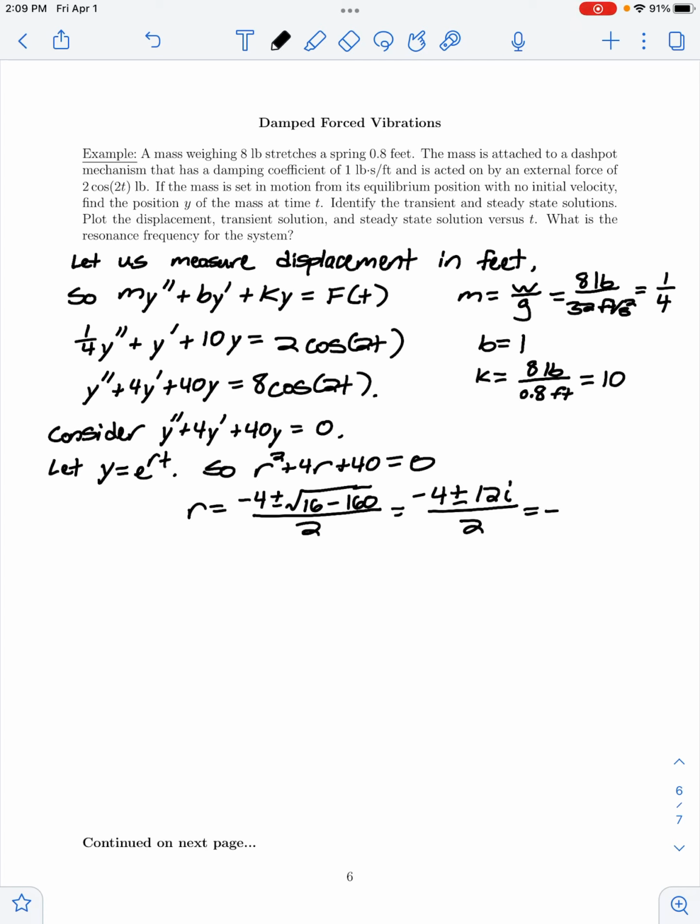So dividing through by 2, we have roots of -2 plus or minus 6i, complex conjugate roots, which means that our homogeneous solution, or what we call the transient solution for a mass spring system, is given by C1 e to the -2t cosine of 6t plus C2 e to the -2t sine of 6t.